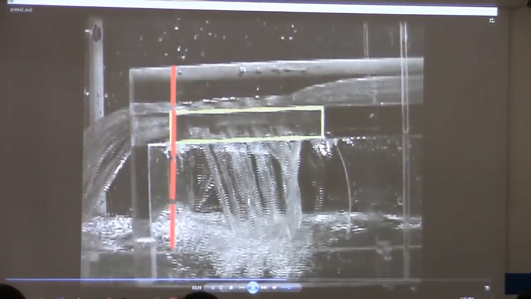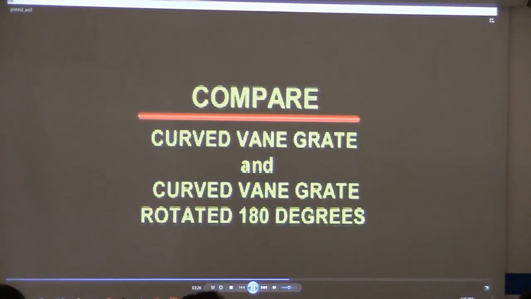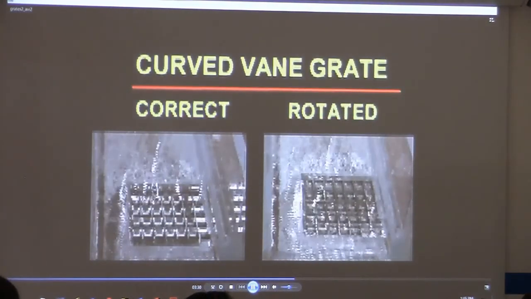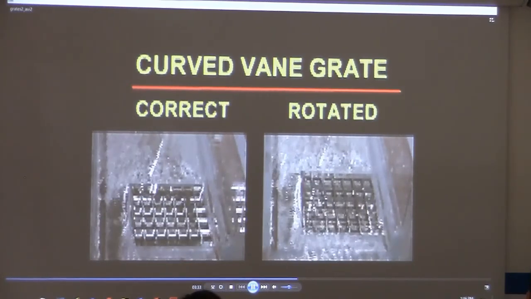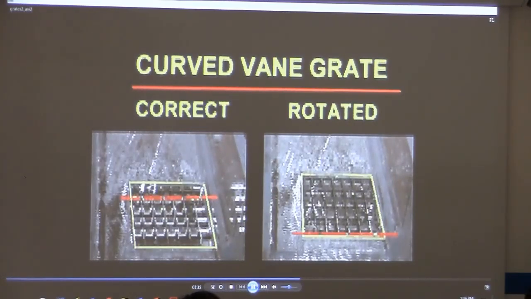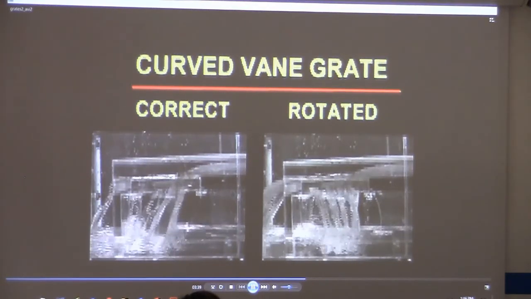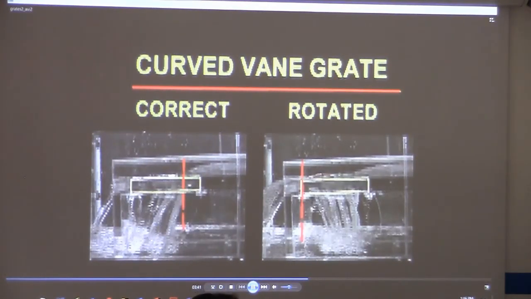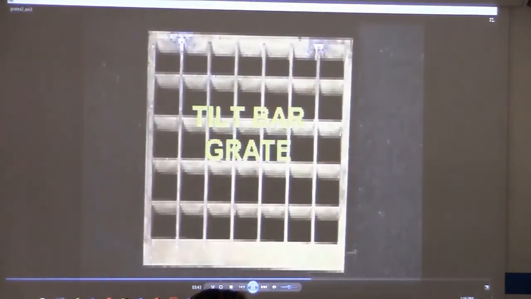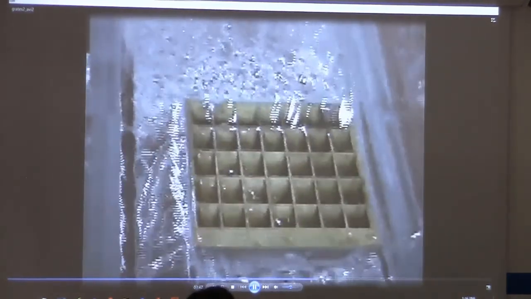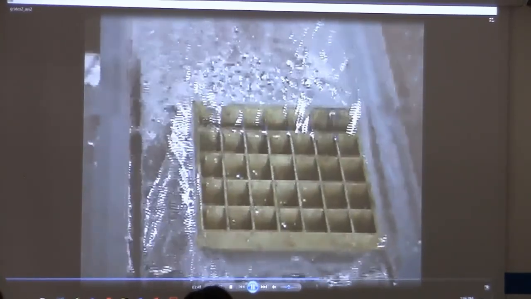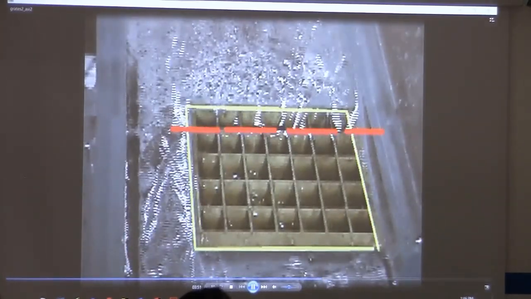Yeah. A lot of these grates, they'll actually say curve and have an arrow facing this way, the other way. They're installed. I think I know what you're saying.